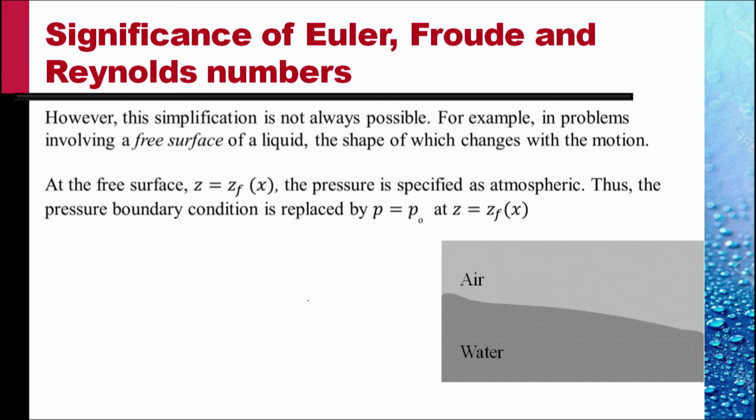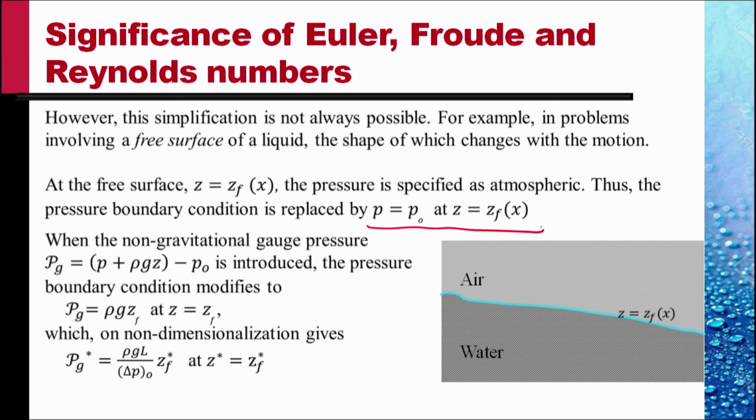For example, in problems involving a free surface of the liquid, like shown here, and this shape changes with motion. The free surface is specified as z is equal to zf x, and the pressure at this point is P naught everywhere. So, the boundary condition is replaced by P is equal to P naught at z is equal to zf.